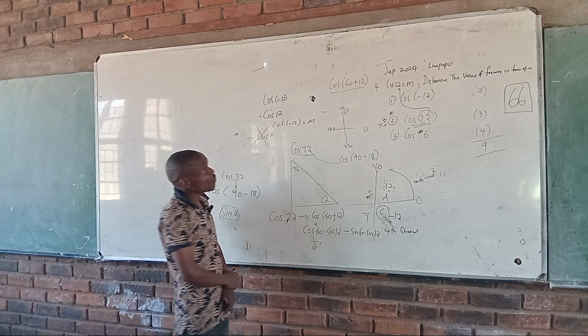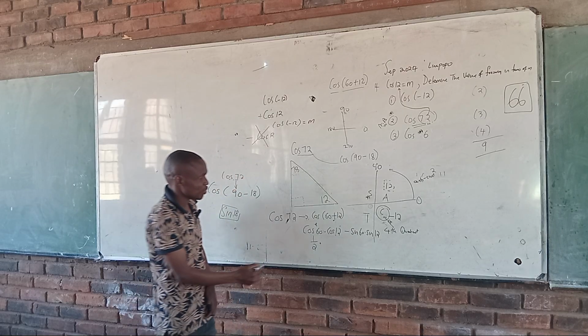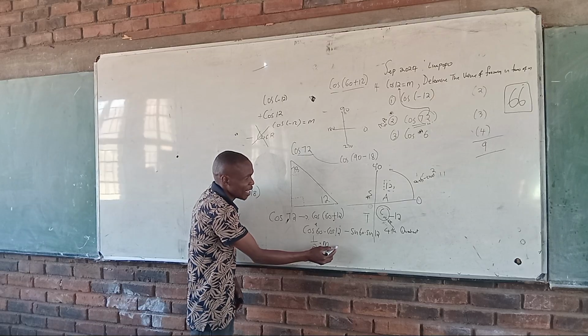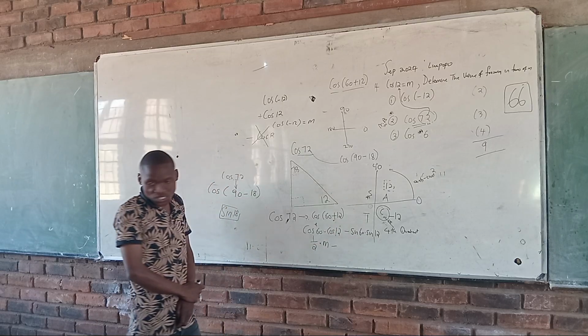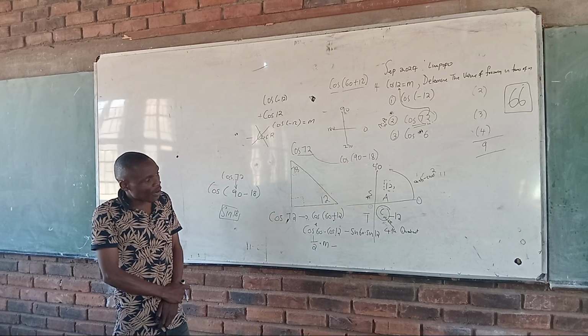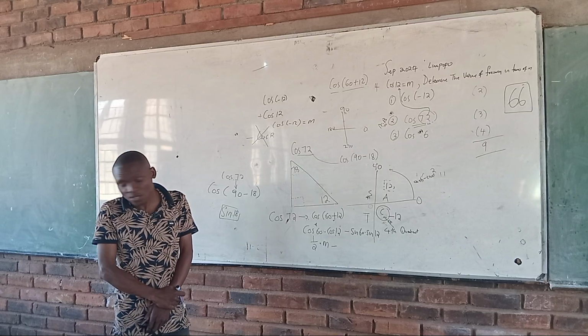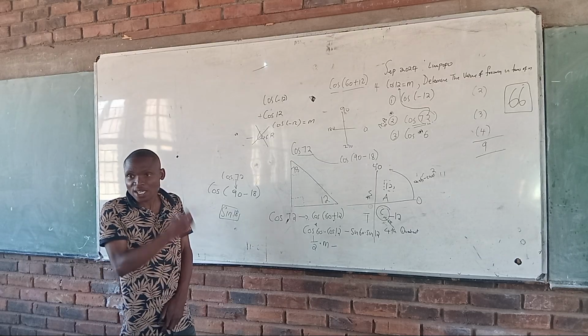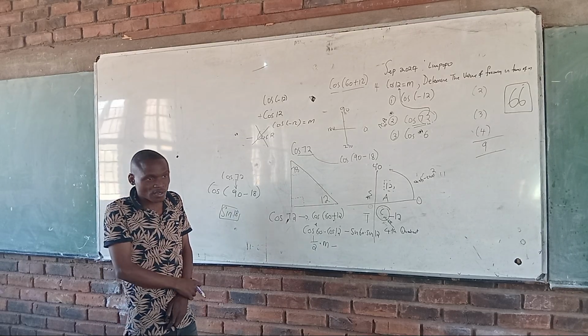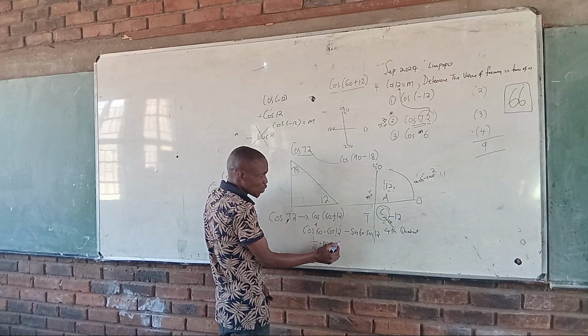What is cos 12? m. Minus, what is sine 60? Square root of 3 over 2.